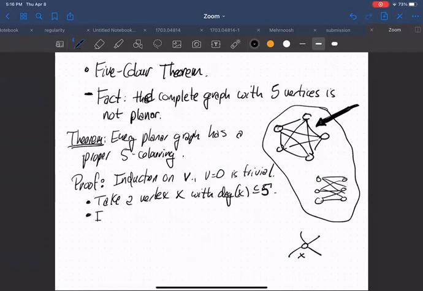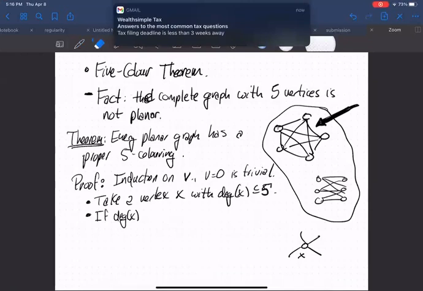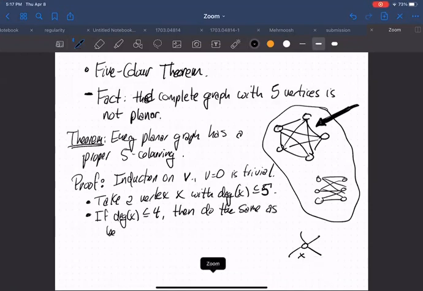Now, if the degree of x is less than or equal to 4, then we do the same thing as before. What do I mean by that?